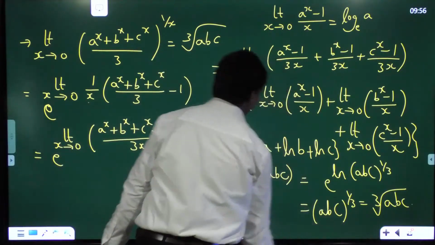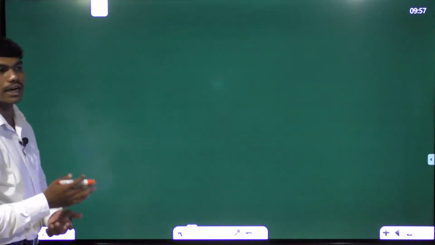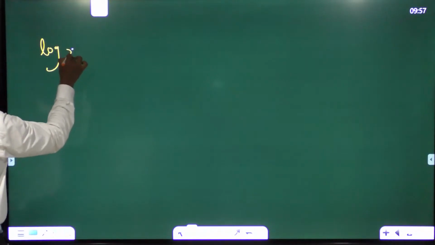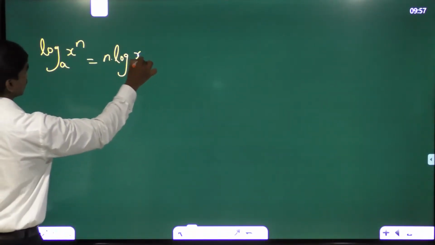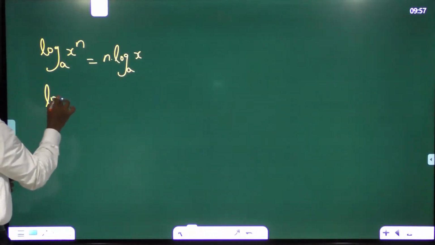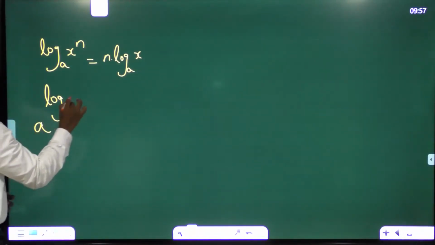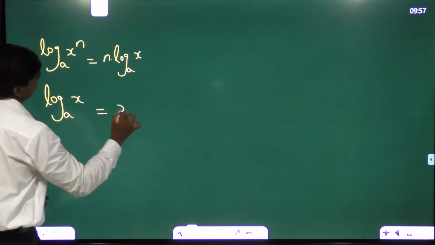At this moment, I would like to give you a few expansions. Before that, I would like to give you some logarithm properties which you could work out. Log of x power n to the base a is equal to n into log x to the base a, and log of a power log x to the base a is again x.